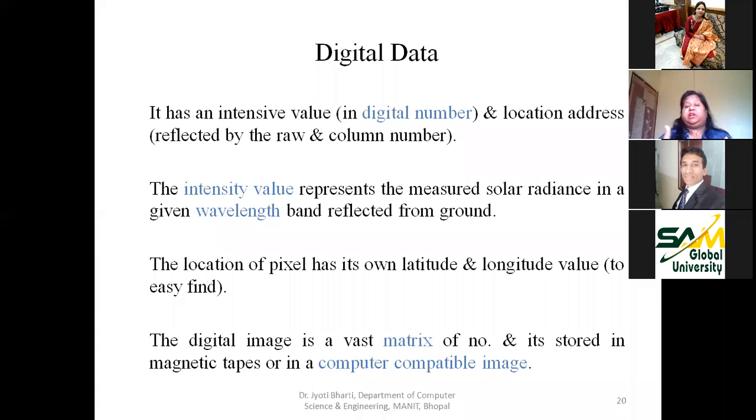Whatever signals we acquire by the satellite or by the camera are not in the form of pixels. They are in the form of signals, and the values are decided by the variation of the intensity level of the signals, which are not in the visible range.